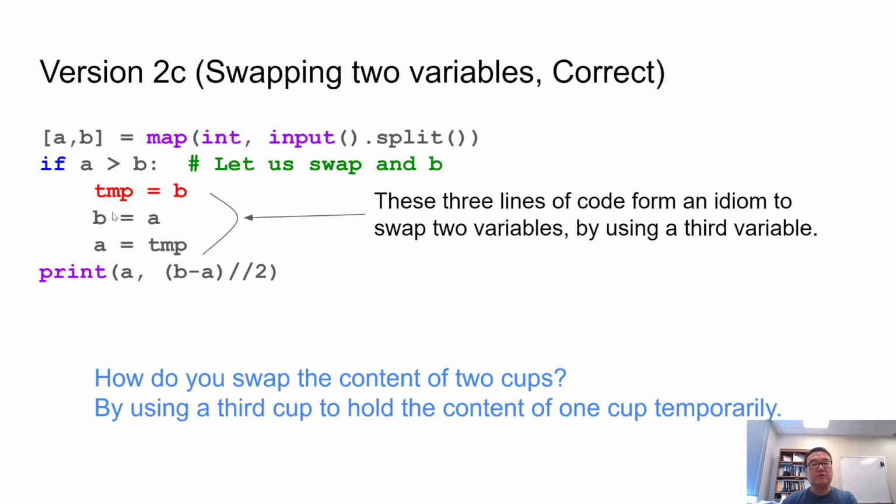You can think of erasing and then a new value put in. So the value in B was lost. But these three lines of code form an idiom to swap two variables using a third variable. The sequence actually matters. If you are using these three statements, any other sequence will fail.